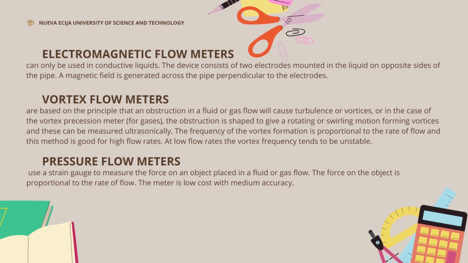The frequency of the vortex formation is proportional to the rate of flow, and this method is good for high flow rates. At low flow rates, the vortex frequency tends to be unstable.